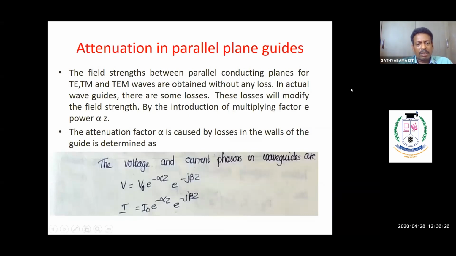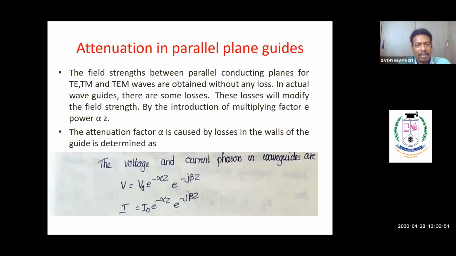The attenuation factor is caused by losses in the walls. So if you consider the attenuation caused by the conducting plates on top and bottom of that waveguide configuration, we can use the voltage and current equations here. So the voltage is generally given by V naught e power alpha z e power minus j b z, and the current is I naught e power alpha z e power minus j b z.